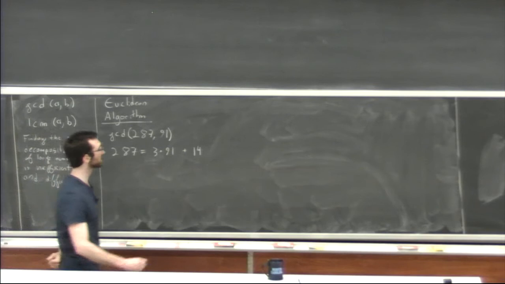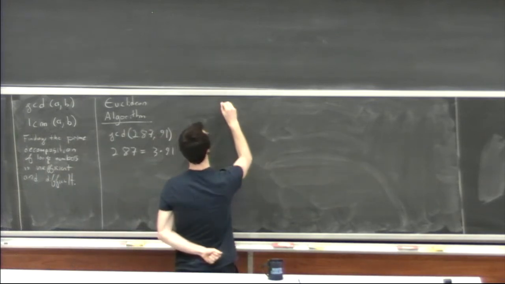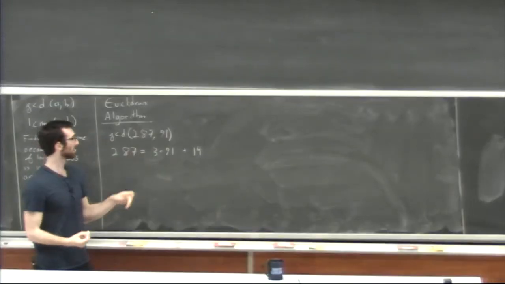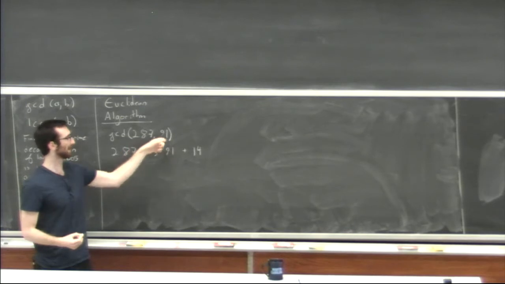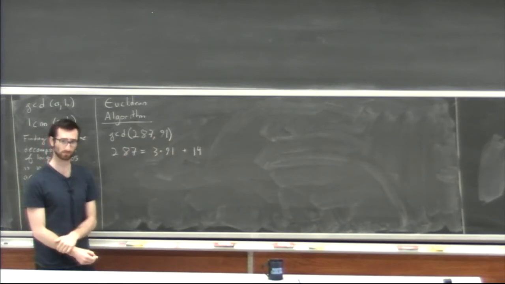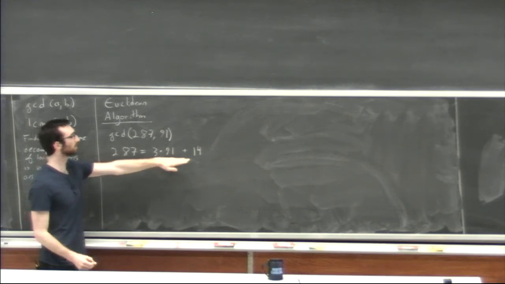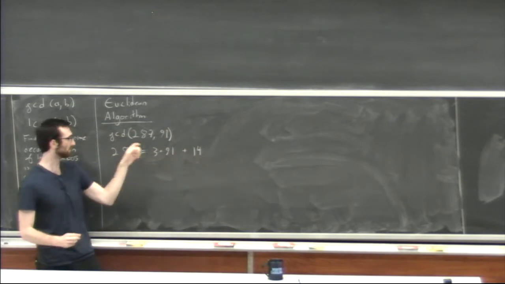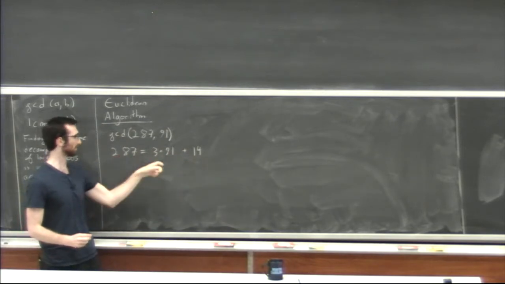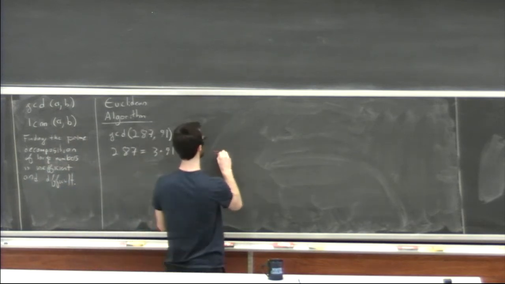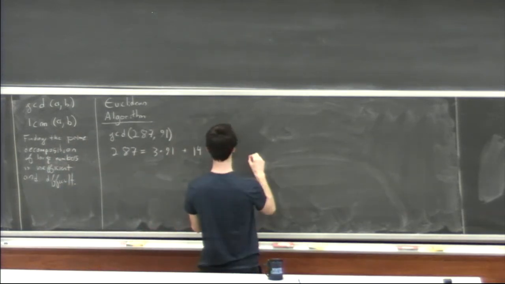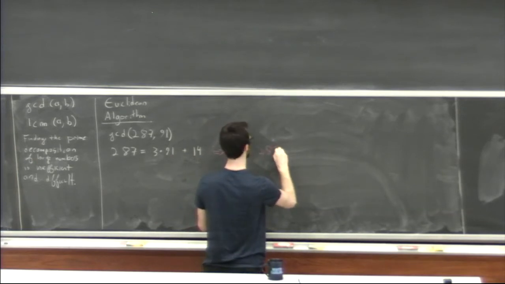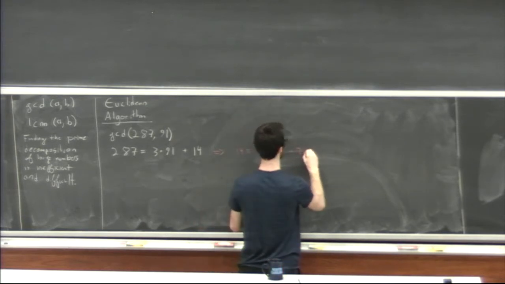Remember that the greatest common divisor is the greatest number that divides both 287 and 91. Using this division algorithm statement, my remainder, 14, is equal to 287 minus 3 times 91.